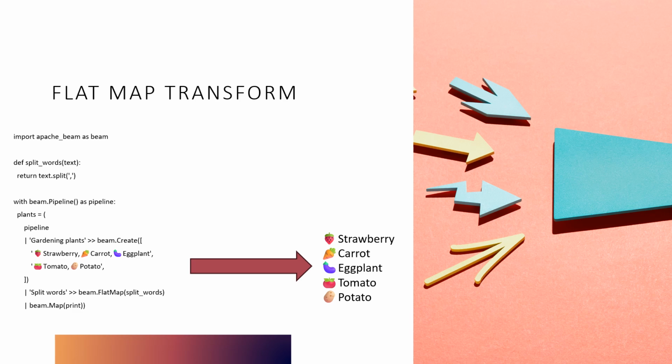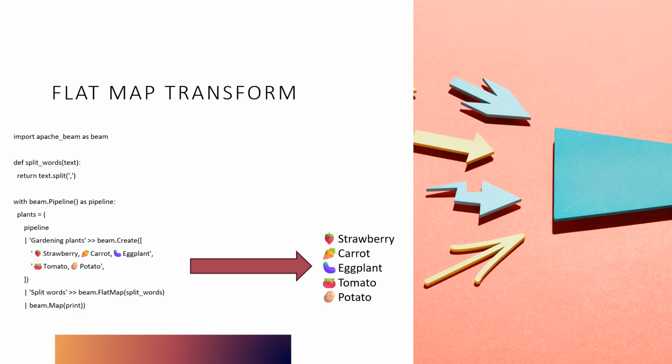In our previous example, we started with a string and then we had a pound sign and then the icon and then the name of the fruit and then the new line command and then finally a comma before we had the next one of the same format. In this example, our first string has strawberry, carrot, and eggplant with their icons, making this a collection instead of individual elements. Though the resulting output is the same, our PCollection is in a different format, therefore requiring a different transformation.